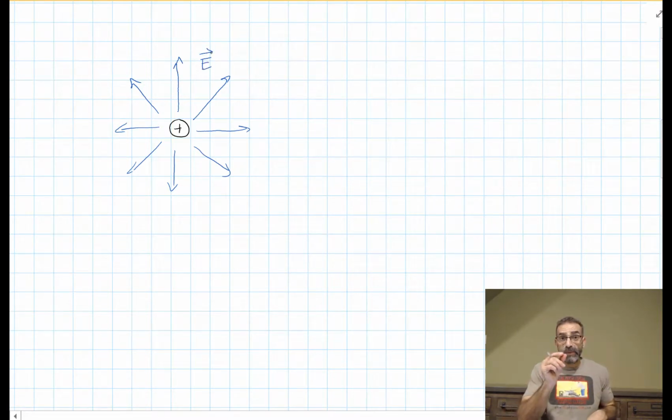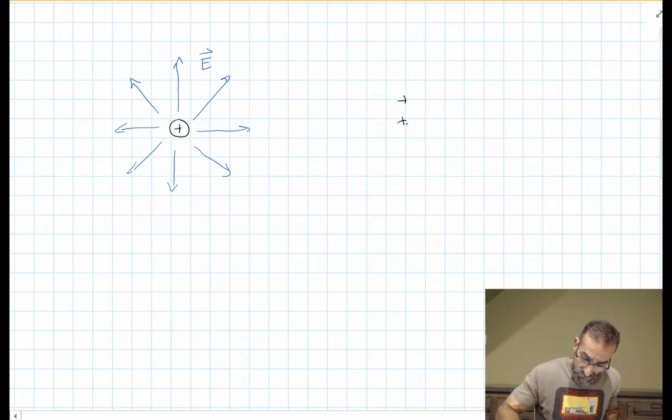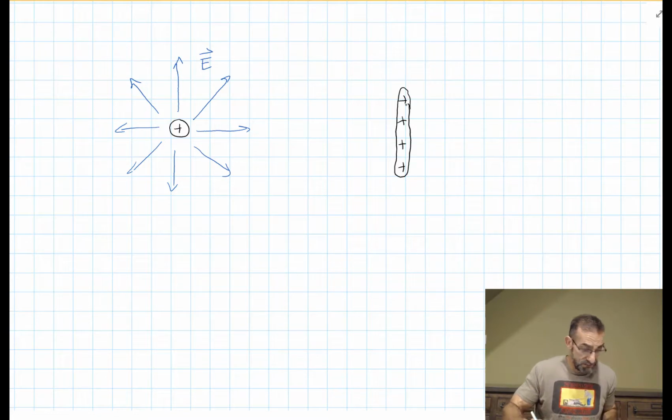Now, instead of having a point charge, if I could spread that charge out and make it look like a little bit of a line charge, the electric field would take on this shape.